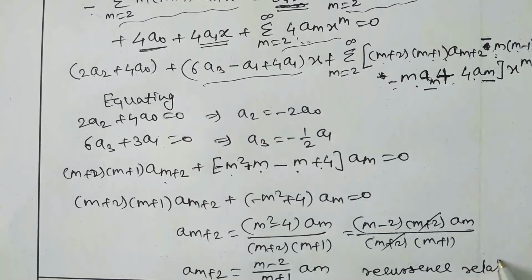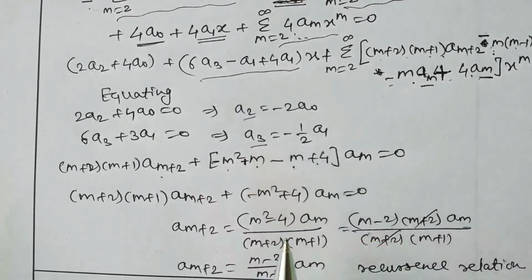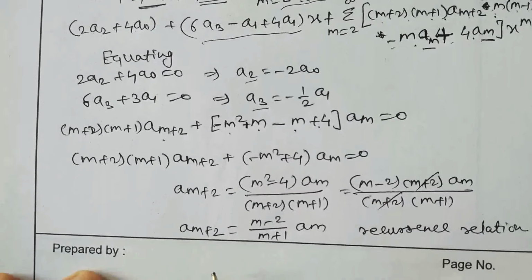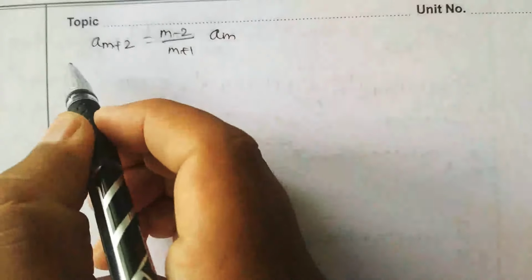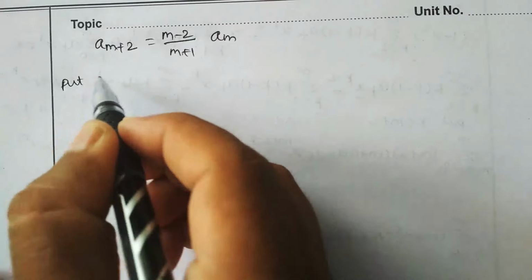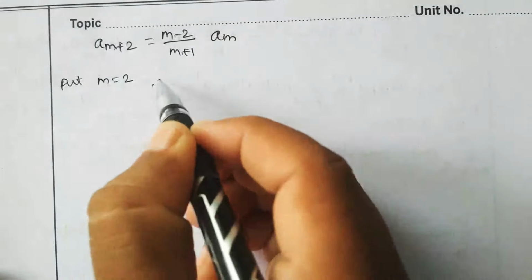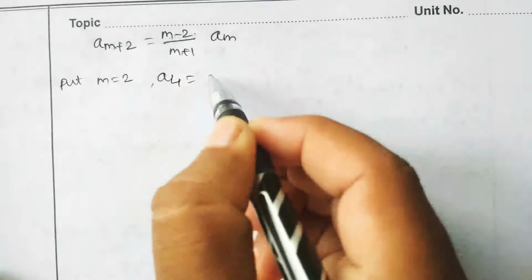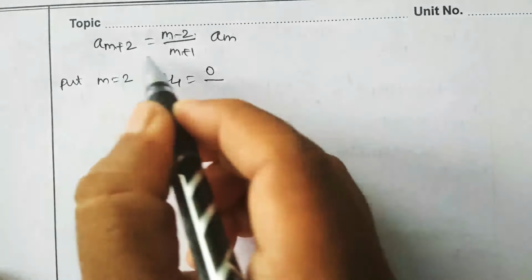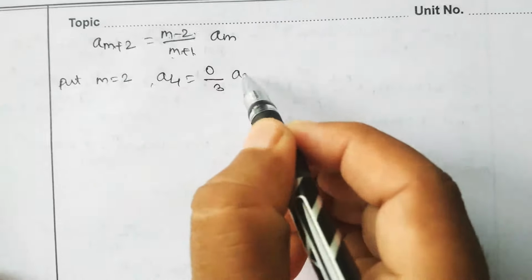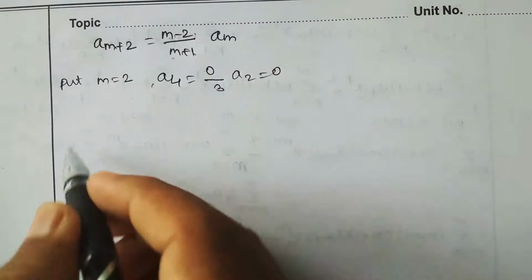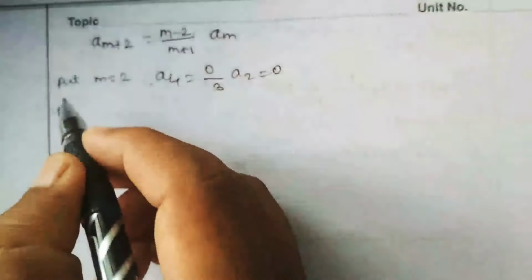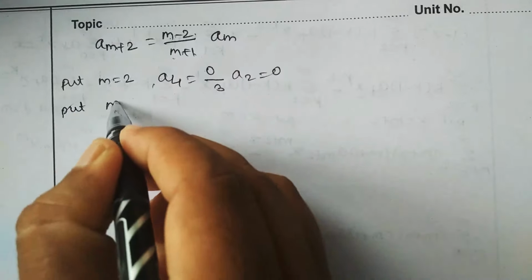Now we already calculated the value of a2 and a3. Now we are going to calculate the values of a4, a5 by using this recurrence relation. So to calculate a4, put m equals to 2. So we will get a4 is equal to (2 minus 2) 0 upon (2 plus 1) 3 into a2, that is 0. Then for a5 put m equals to 3.